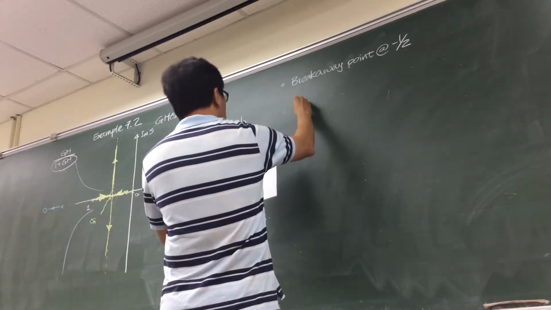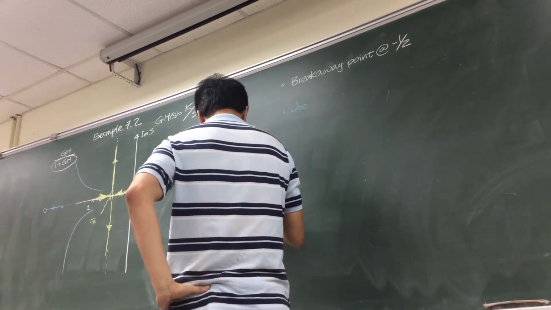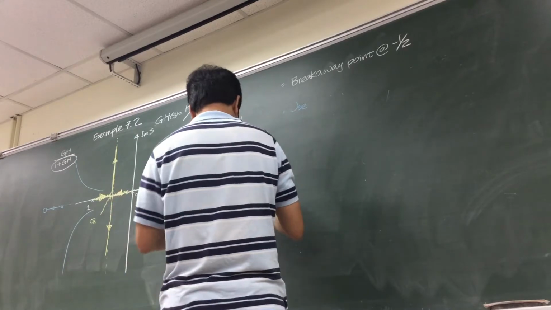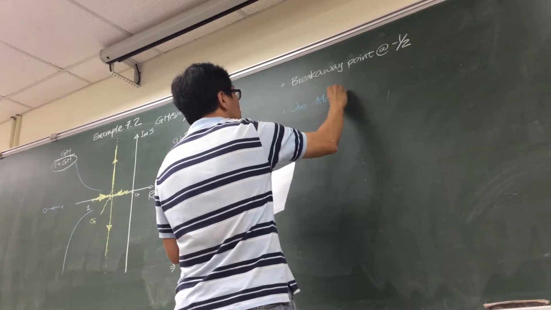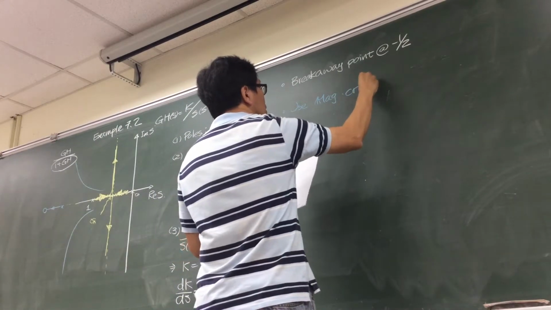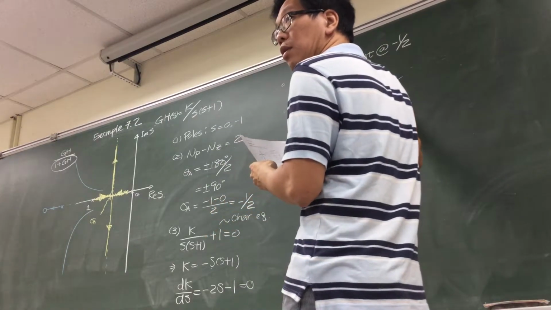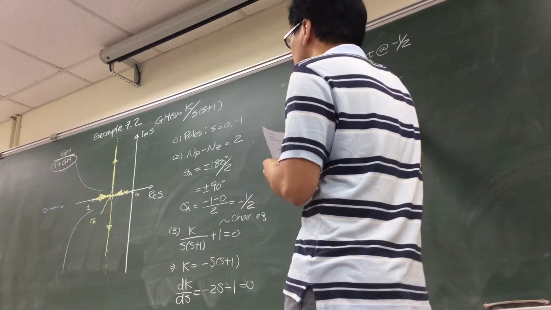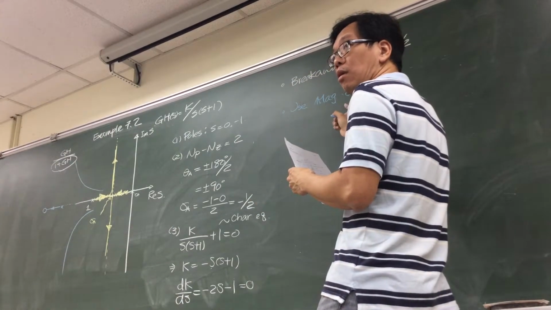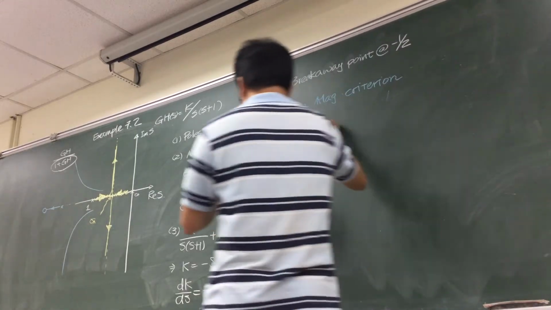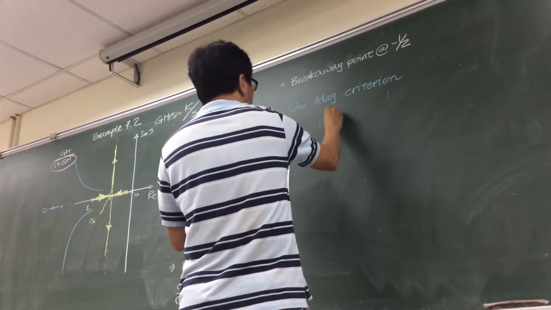Then we use this magnitude criterion. This one is used to determine, if I have a specific location on my S, what K is going to look like. So based on the criterion, this is the formula that we have.